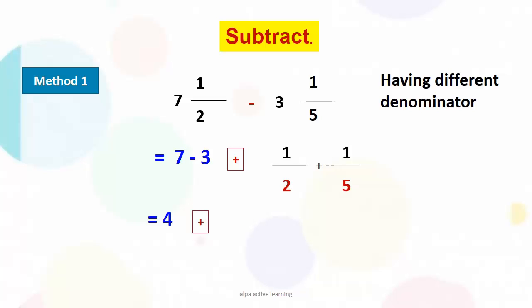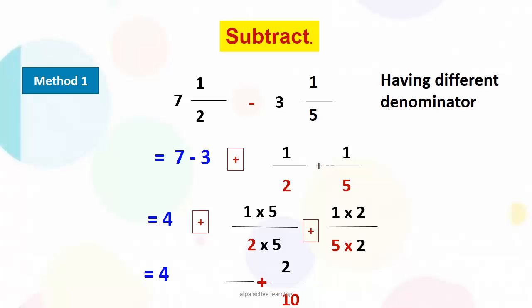Now, 2 and 5. Here, children, you cannot convert 2 into 5. So what will we do? We will cross multiply. So this will be 1 into 5 upon 2 into 5, and 1 into 2 upon 5 into 2. Now look at them, 2 fives are 10 or 5 twos are 10. So denominators are equal.